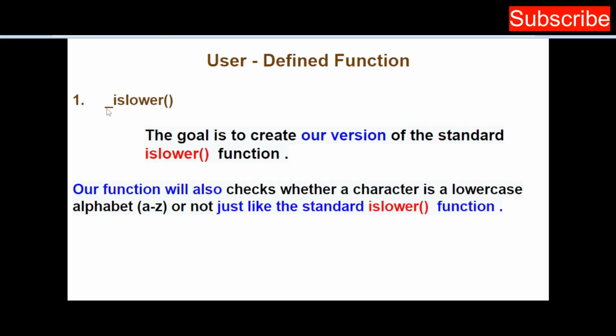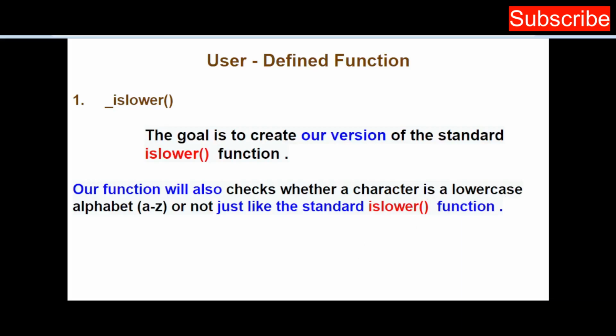So we are going to change our own name to _islower. The goal is to create our own version of the standard islower function, the one you played with in the previous example. Our function will also check whether a character is lowercase or not, just like the standard islower function did.